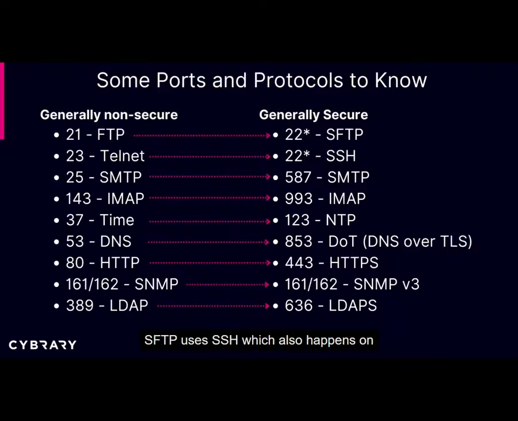SFTP uses SSH, which also happens on port 22, and we'll talk about that next. So you need to remember that SFTP and SSH both happen on port 22, whereas FTP happens on port 21. Now there's another secure version of FTP, FTPS, which is FTP with SSL encryption, and I talk about that a little bit more in the written part of this lesson.